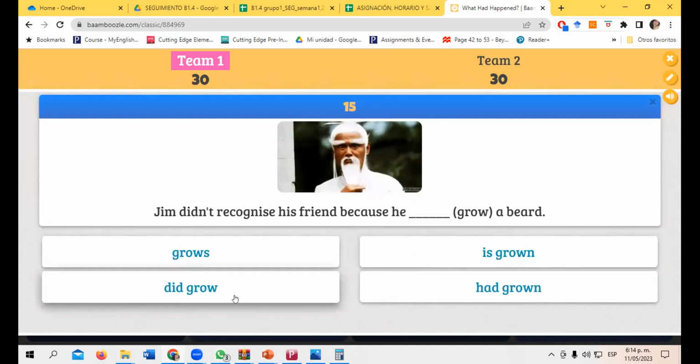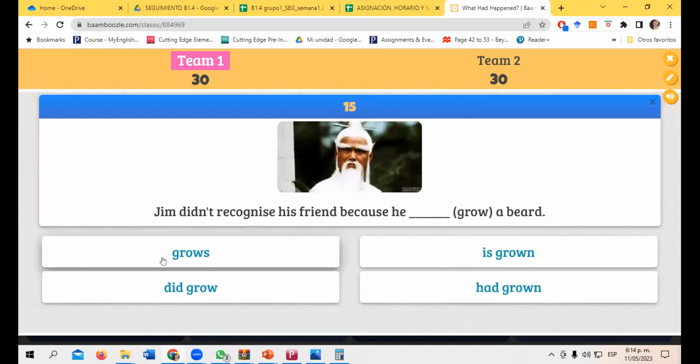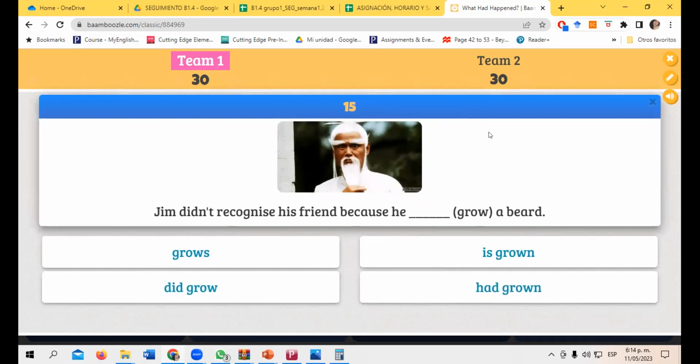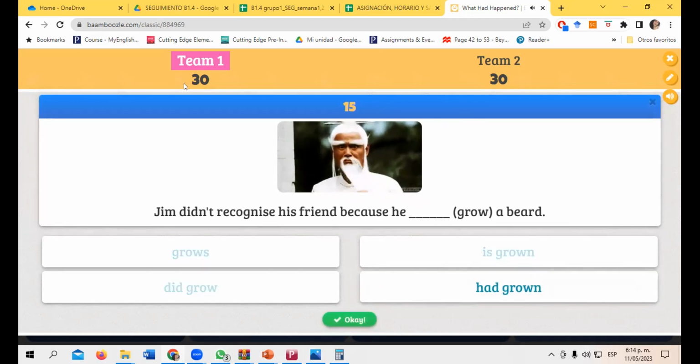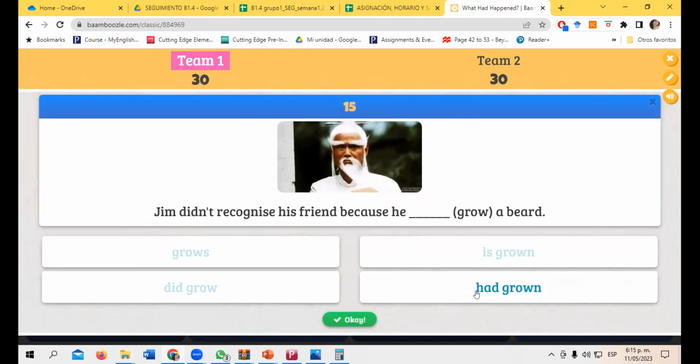Option A, B, C, or D. Had grown? Option D. Yes. No reconoció a su amigo porque se había dejado la barba, or that's how we would say it in Spanish. Yes, had grown a beard.